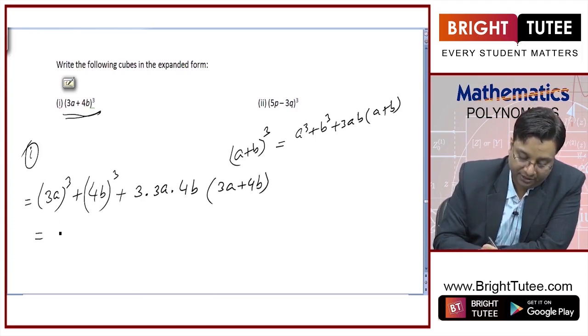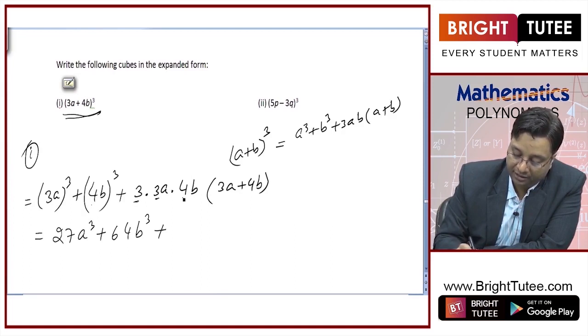So this will be 27a cubed plus 64b cube plus 3 into 3, 9 into 4, 36ab into 3a plus 4b.